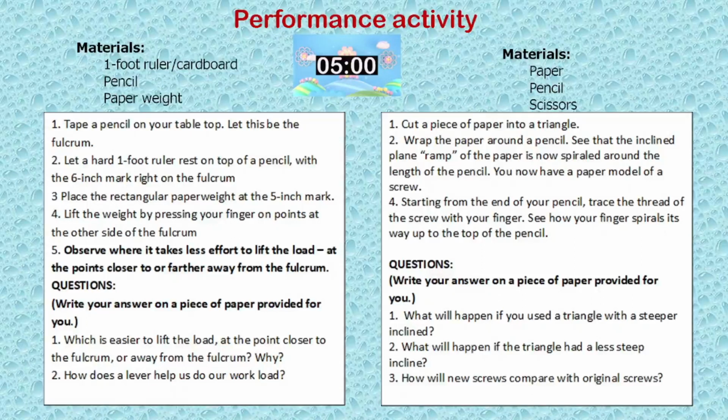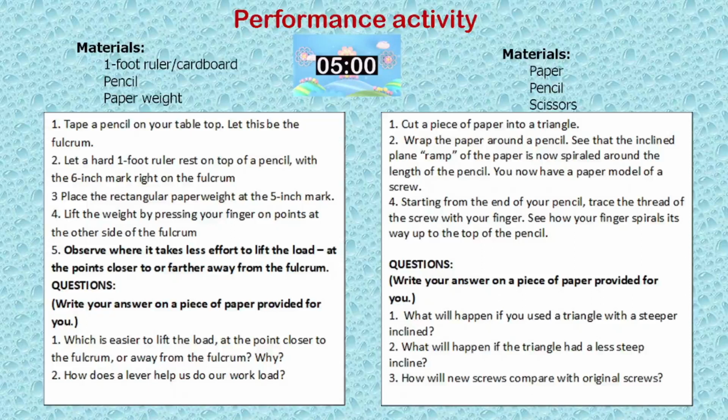Number 2. Let a hard 1-foot rule rest on top of a pencil with a 6-inch mark right on the fulcrum. Number 3. Place the rectangular paperweight at the 5-inch mark. Number 4.